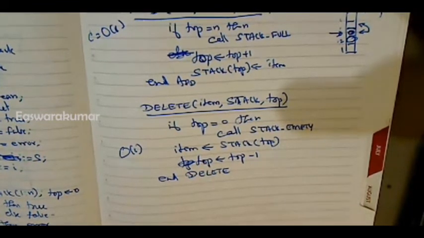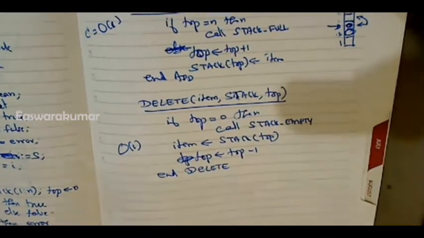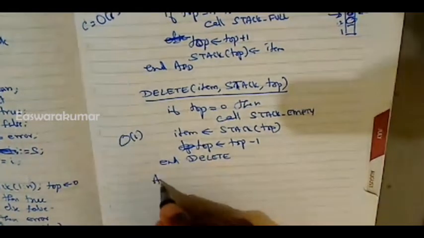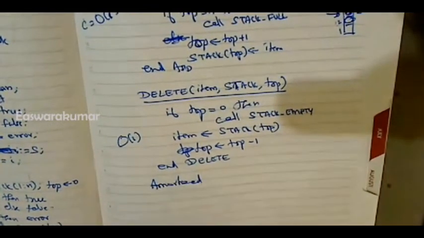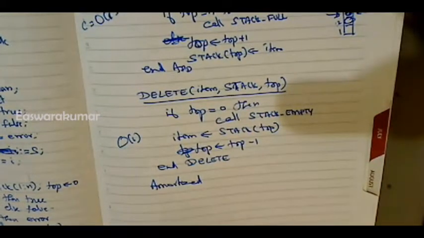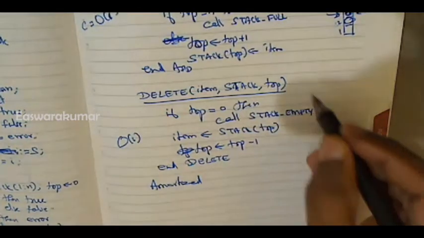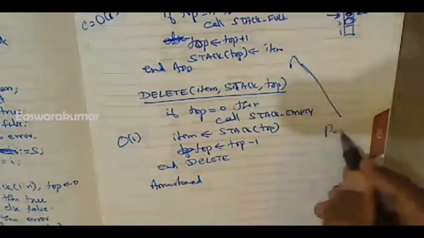Therefore, there is a method called amortized analysis. In amortized analysis, we consider the sequence of instructions. Just to do amortized analysis, let me name this function the push function.